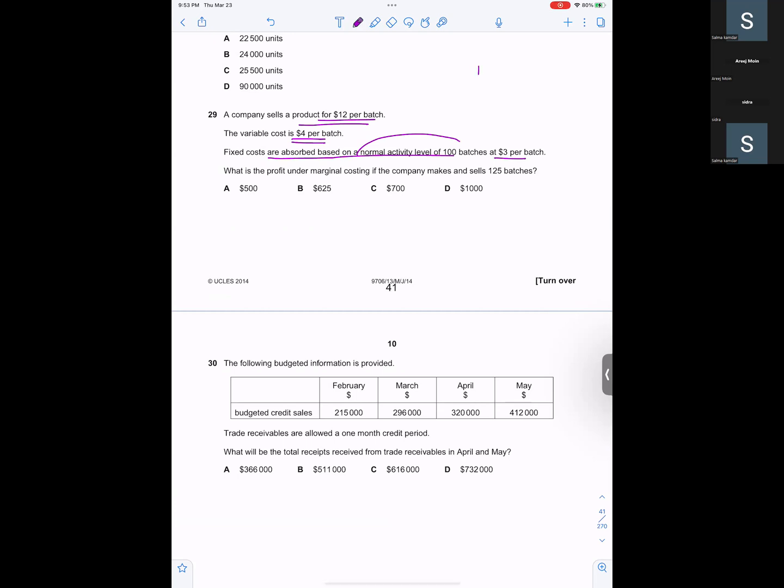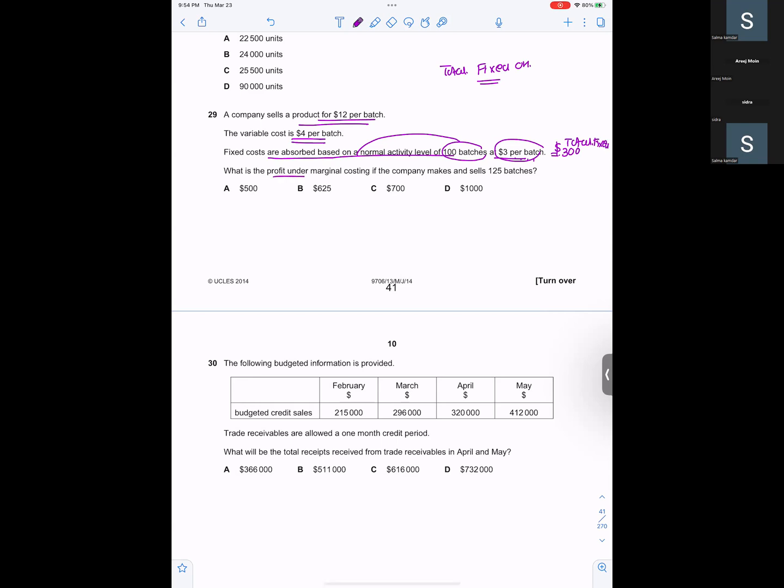So can you tell me the total fixed overheads? If I am doing an activity level of 100 batches, my fixed overhead per batch will be $3. So the total fixed overhead budgeted is $300. Are you with me? Yes.